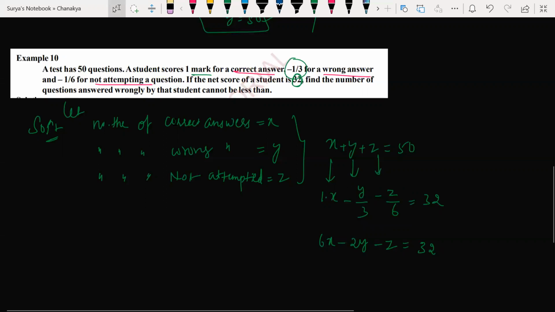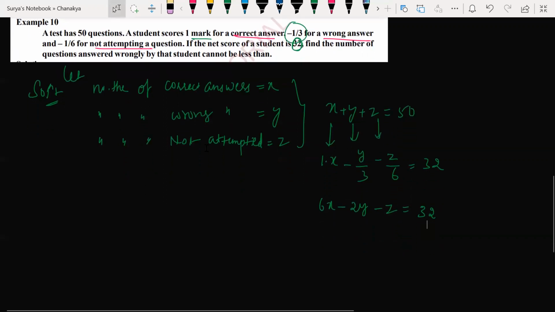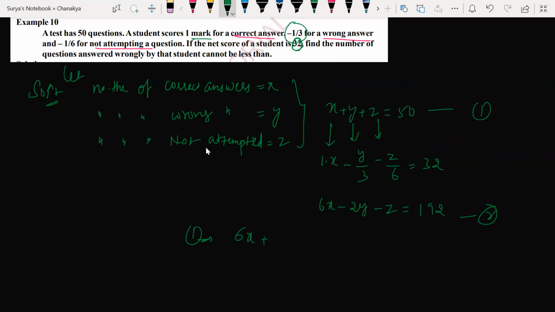Find the number of answers answered wrongly. That will be 192, 32 into 6. Yeah, 32 into 6 it will be 192, right? So now I have equations 1 and 2. Solving these two, multiplying 1 with 6: 6x plus 6y plus 6z is equal to 300.